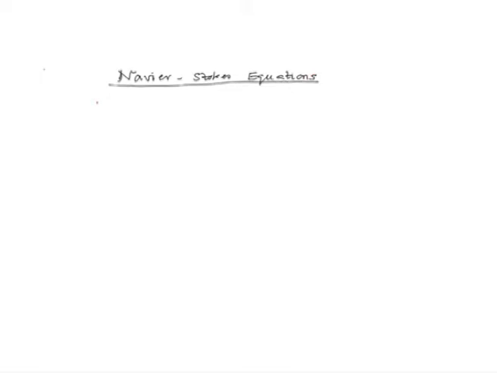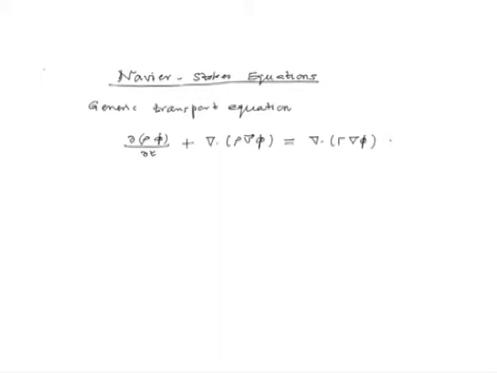So, first let us write our generic transport equation. Del of rho phi over del t plus divergence of rho v phi is equal to divergence of gamma times gradient of phi, plus we had a source term called q phi.